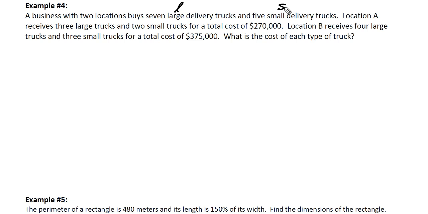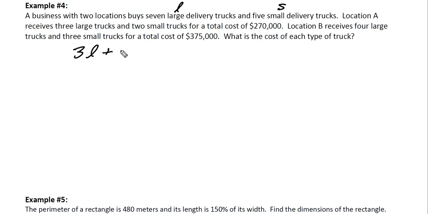Location A receives 3 large trucks and 2 small trucks for a total of $270,000. So we can write an equation there. That equation is talking about the cost from location A. So 3 large trucks would be 3L, 2 small trucks would be 2S, and that total is $270,000.